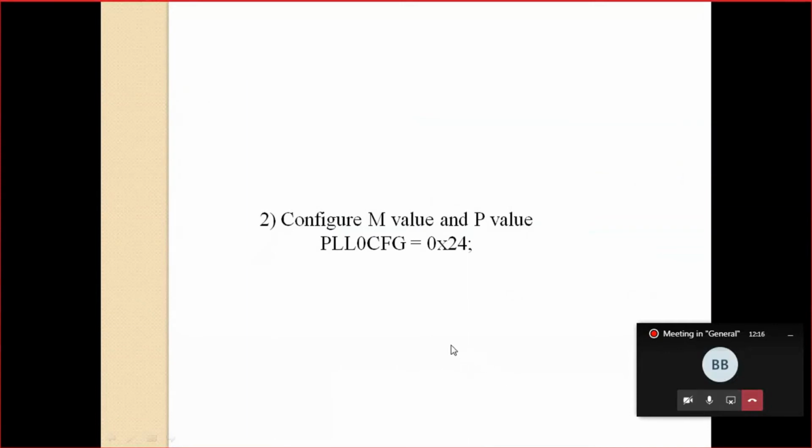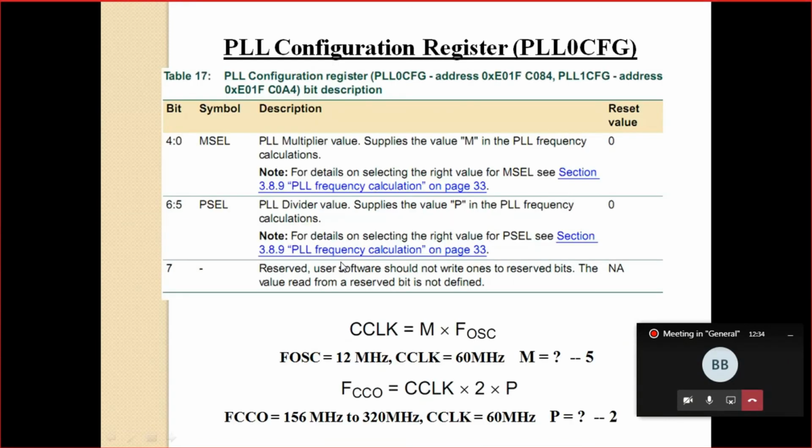Second step, you are going to configure the M value and P value. For that you have a register known as PLL0 configuration register. Previously it was the control register; this is the configuration register. In the configuration register, bit number 0 to 4, 5 bits, are used for configuring M cell, that is M value.